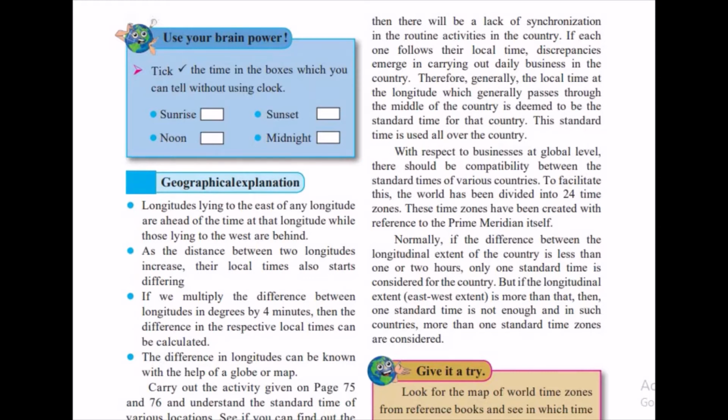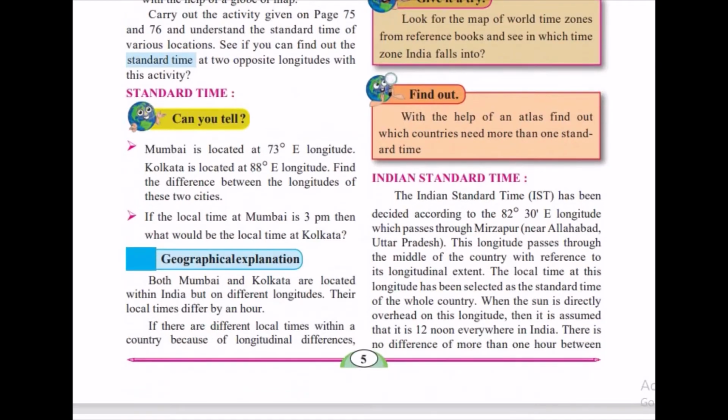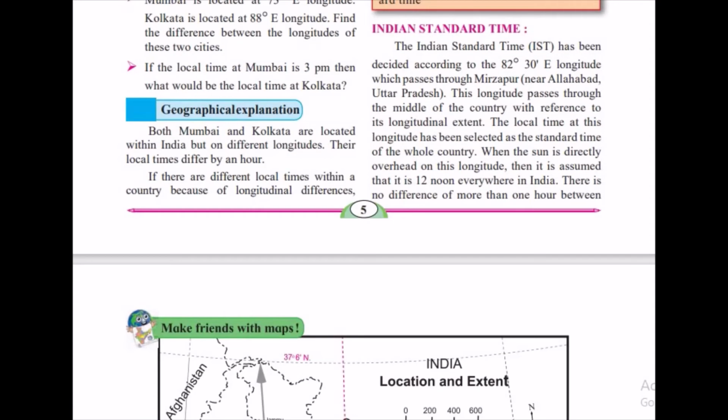Normally, if the longitudinal extent of the country is less than 1 or 2 hours, one standard time is enough. But if the longitudinal extent from east to west is more than that, then more than one standard time zone is considered in such countries. Now this brings us to Indian Standard Time.